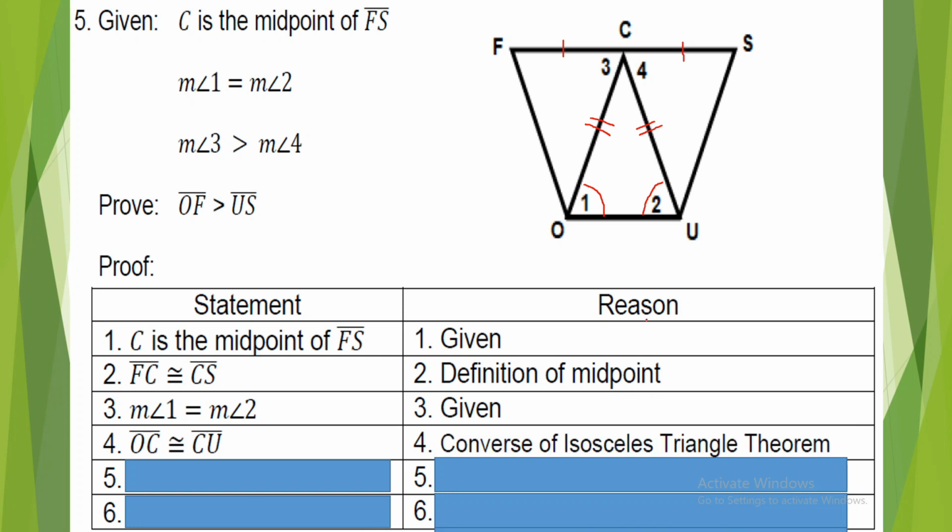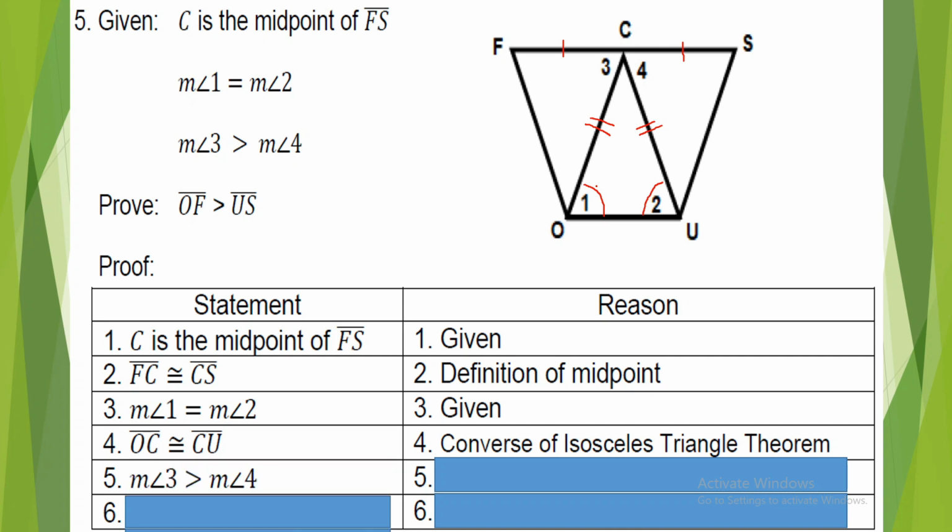And that is based on the converse of isosceles triangle theorem, which states that if two angles of a triangle are congruent, then the sides opposite those two angles are also congruent.